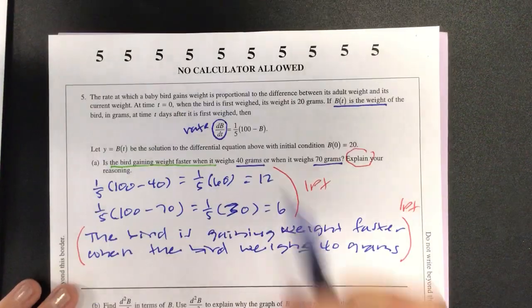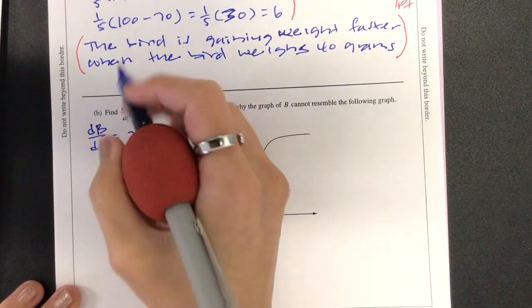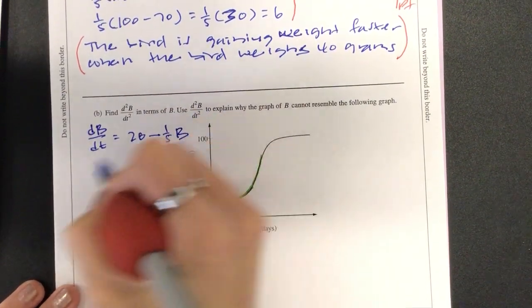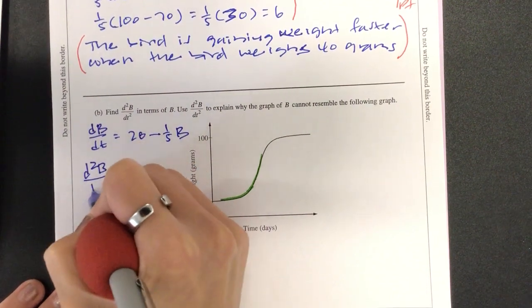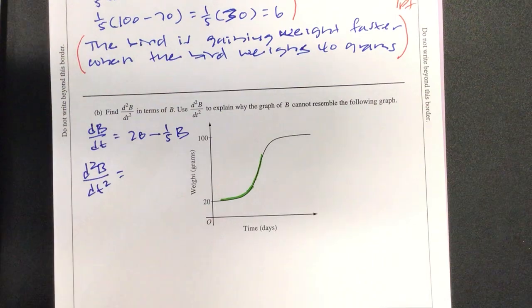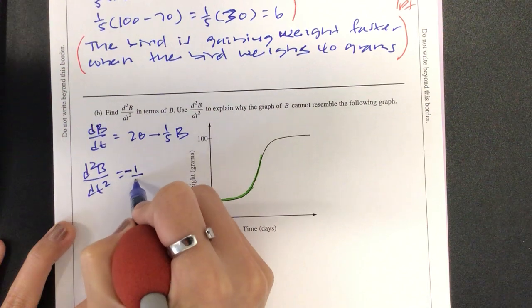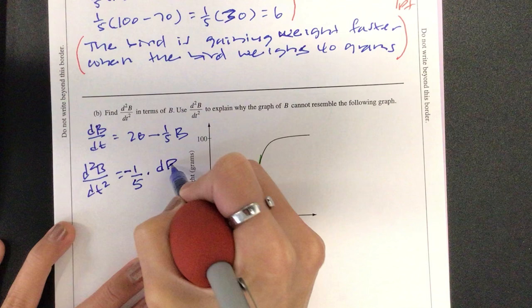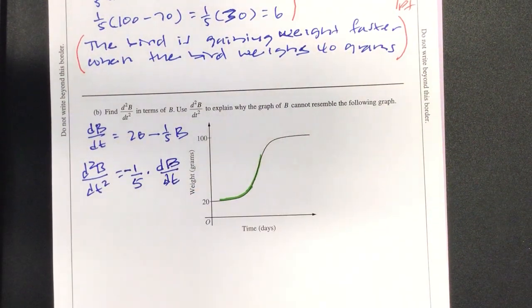I'm going to distribute 1/5 times 100 and 1/5 times negative B to derive it easier: 20 minus 1/5 B. So when I find my second derivative, d squared B over dt squared, what is the derivative of negative 1/5 B? It's just negative 1/5, and we're deriving implicitly, so I need dB over dt. It's kind of like related rates.